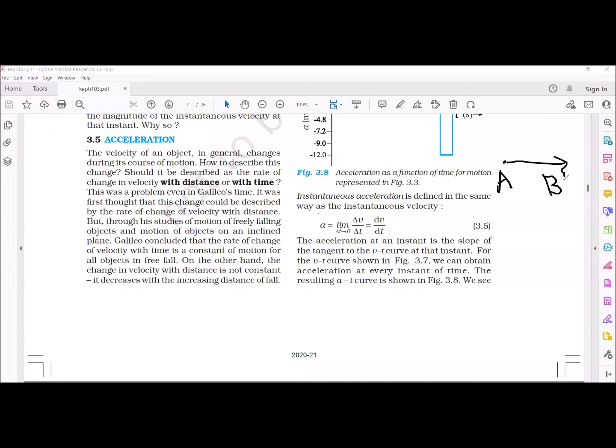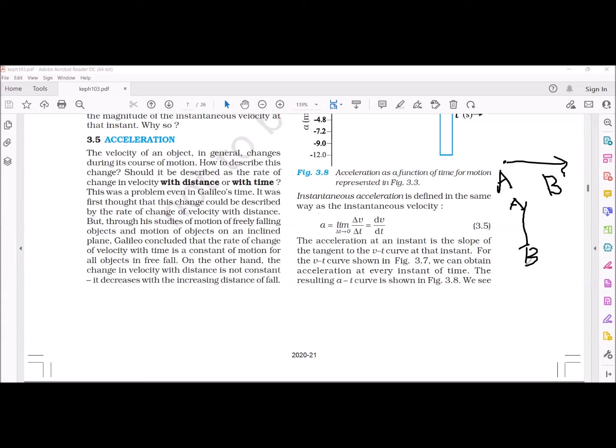With his experiments, he came to one conclusion: when a freely falling body is falling from some height, from A maybe to Earth B, the rate of change of velocity of that object remains constant, irrespective of whether that object is falling from the first floor, the 10th floor, or from an aeroplane. The freely falling object's rate of change of velocity remains constant with respect to time.